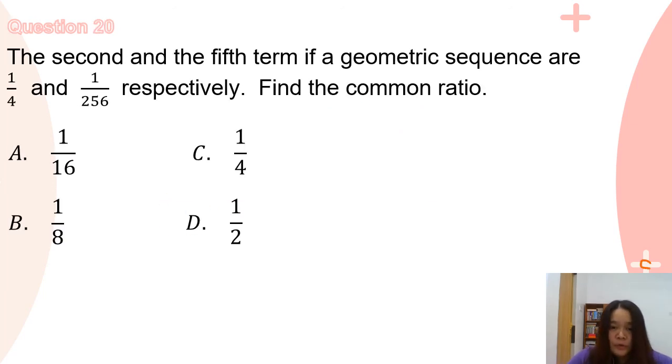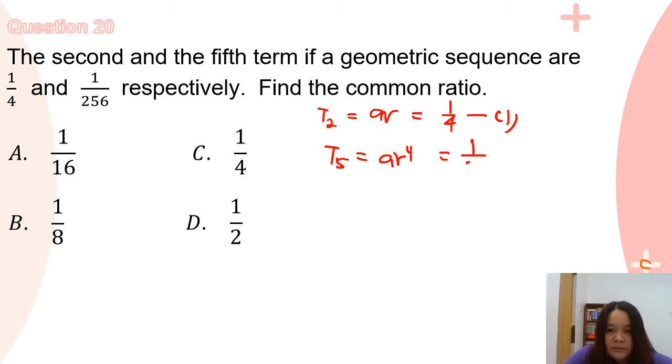Okay, question number 20 is the question on the geometric sequence with the second term. T2 is ar equivalent to 1 over 4, the first equation. And the T5 here is ar to the power of 4, 1 over 256. So we use equation 2 divided by equation 1.